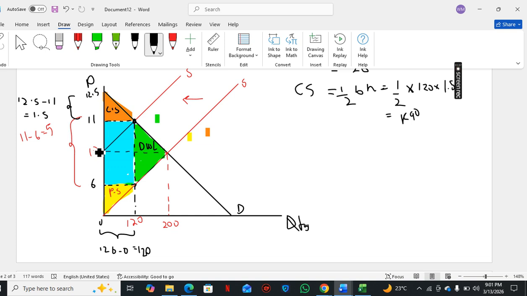Supplier is receiving less money. So since they're receiving less money, they'll produce less. That's why we're having this deadweight loss here, because the supplier is receiving less money. According to the law of supply, the price of the good goes down, you also want to reduce your output. Why?